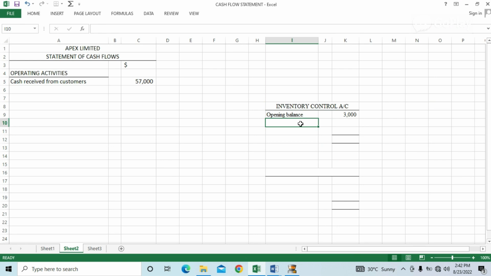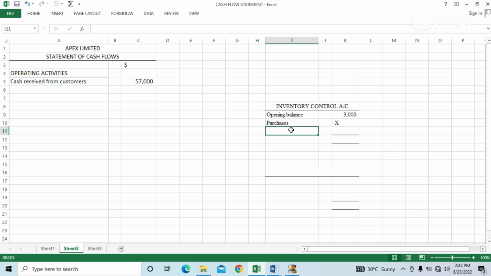But how much we purchase, we do not know. So we will just add purchases. So purchases, that is X. So we have 3,000 from the previous year, and then we have X from the current year. So in all we have 3,000 plus X.